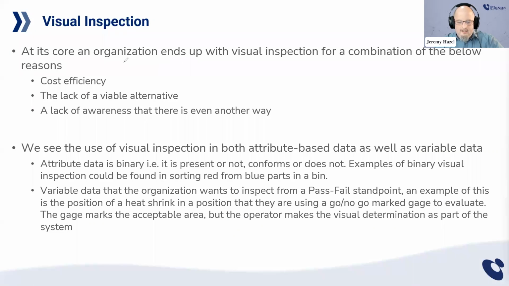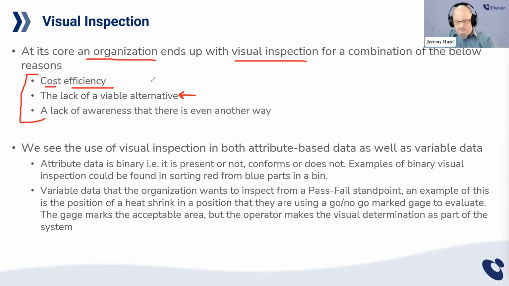When we have an organization, they end up utilizing visual inspection for one or more of the following reasons. Organizations engage in visual inspection because, quite frankly, it may be more cost efficient. The second one, there may not be another viable alternative.